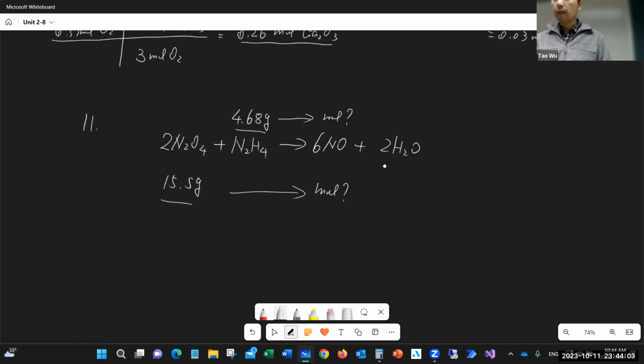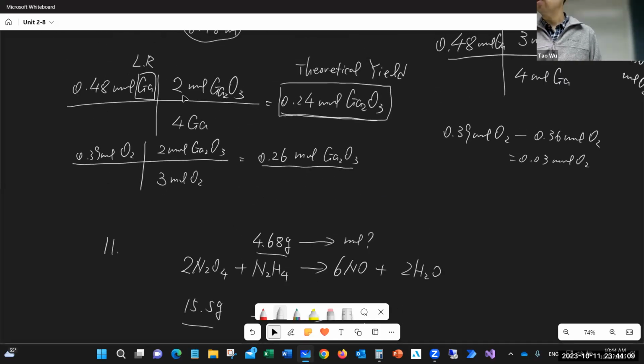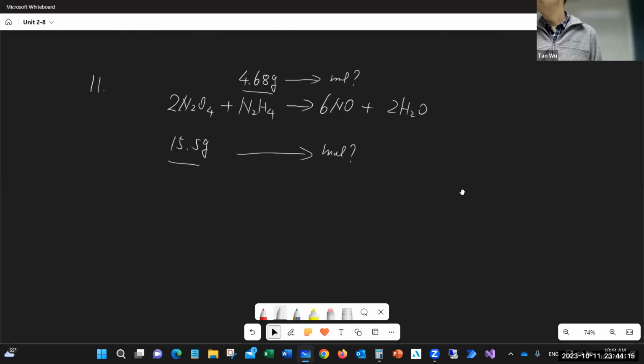So let's just work on this. It's very similar to what we did over here. The only difference is this is in moles and this is in grams. You just need to convert from gram to mole. That's it, you're just doing the conversion. But again, you can use one equation to figure it out. So first, let's do N2O4.